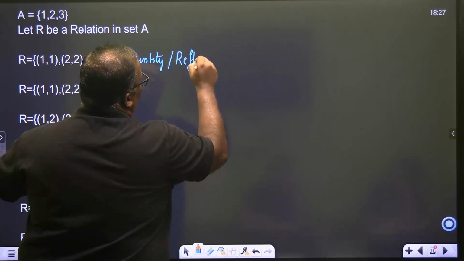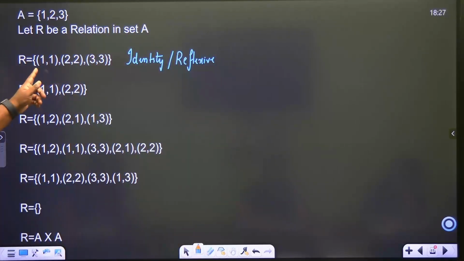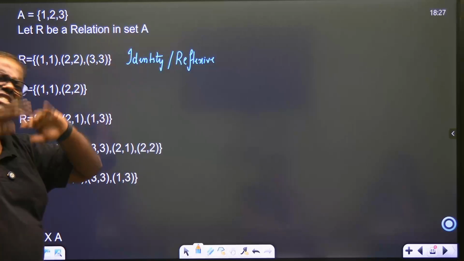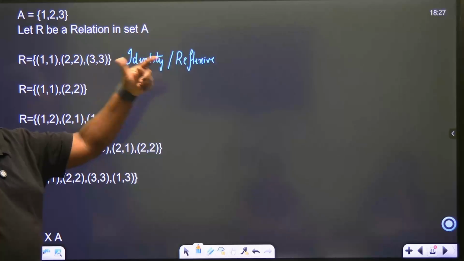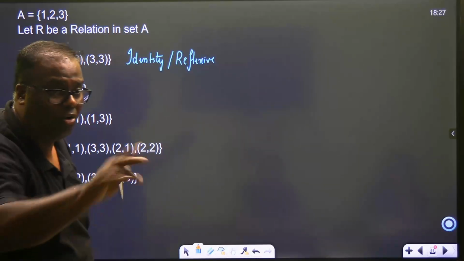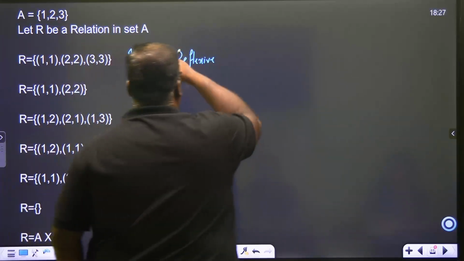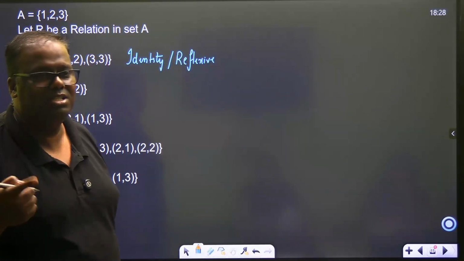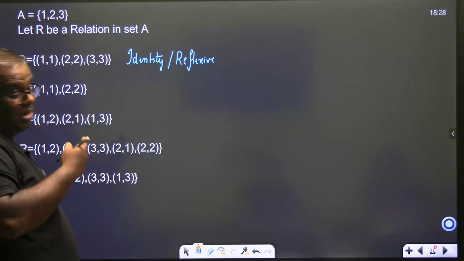This is mapped from A to A, a relation in set A. So every element has its doublets, and all doublets are there. So this is reflexive, identity. Then reflexive says mandatory all doublets plus other relations are possible. So optional criteria are not met, but mandatory criteria is met.